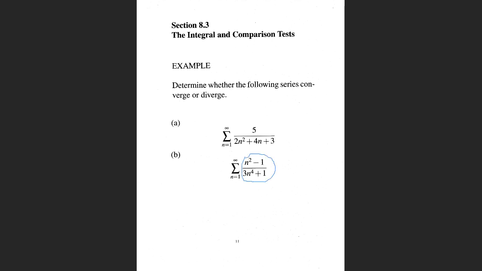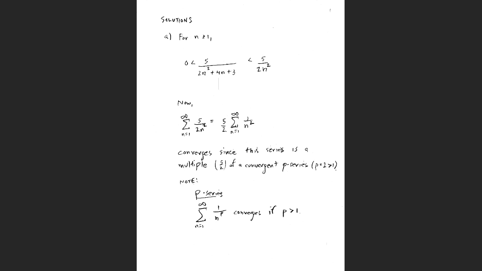I like using the comparison test with p-series because I know how p-series behave. I know that p-series converge when p is greater than 1, and they diverge when p is less than or equal to 1. The trick is getting the right comparison and making sure you can do it.